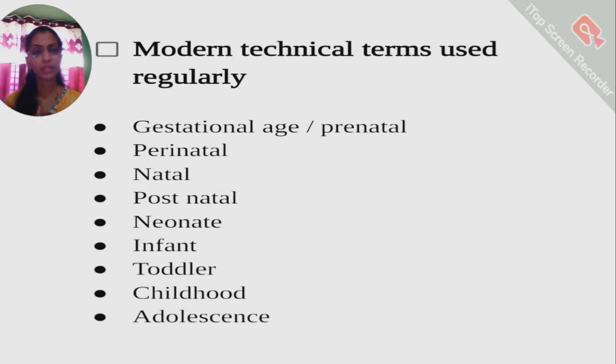Postnatal is after delivery till 1 month. Neonate is the baby from birth till 30 days, 1 month. Infant is a baby from birth till 1 year. Till 3 years the baby is known as a toddler. Till 5 years is childhood, and after attaining menarche or puberty they are known as adolescents.